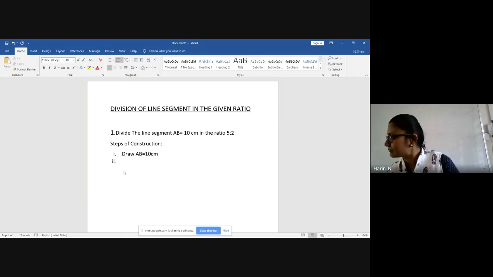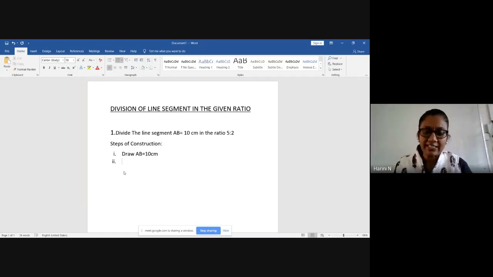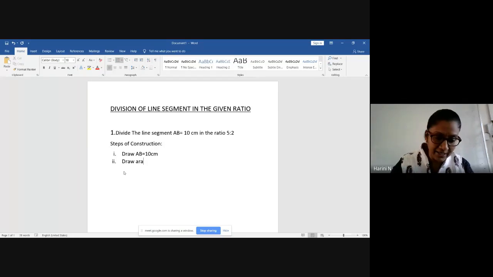What's the next step? Construct angle at A. So we are not constructing anything. We are drawing an acute angle or drawing a ray. I can say a ray. Draw a ray AX. Please name it as AX. I think in the construction I have not shown it as AX.